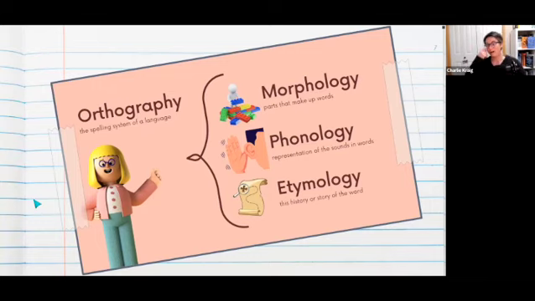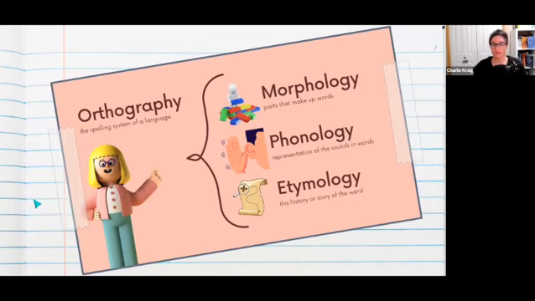Now, sometimes as we explore words, we find ourselves focusing more on the morphological elements of it, and then other times we're really looking at the history or the story. We have to consider all areas in order for us to understand why something is spelled the way it is.